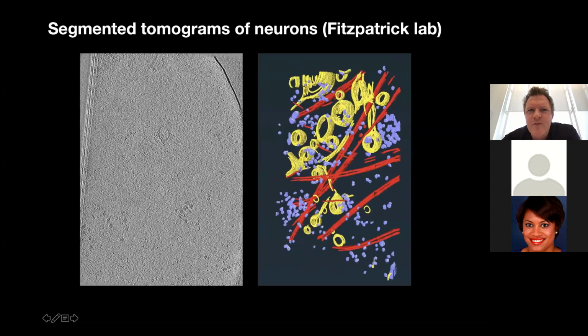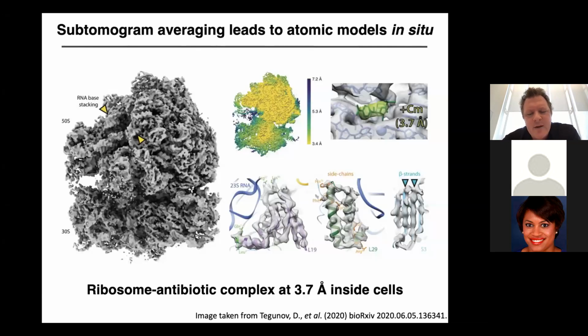A recent proof of concept by Dmitry Tegunov showed that, in fact, there is no intrinsic limit to tomography. We can, in fact, generate just as high resolution. This is a ribosome that was collected through tomographic data collection in a cell. And as you can see here, it is around 3.4 angstroms at best, which is typically the resolution we need for single amino acid resolution.